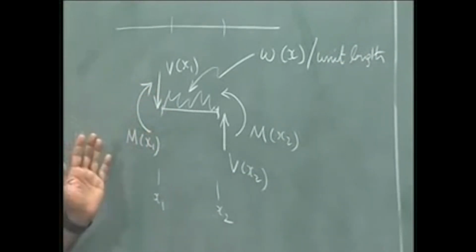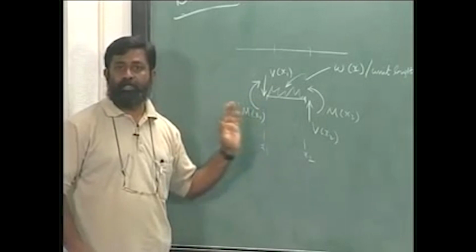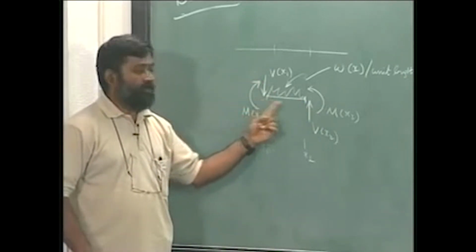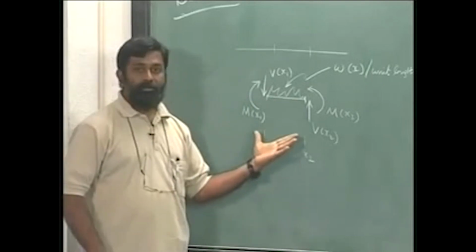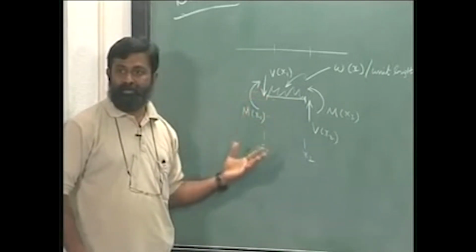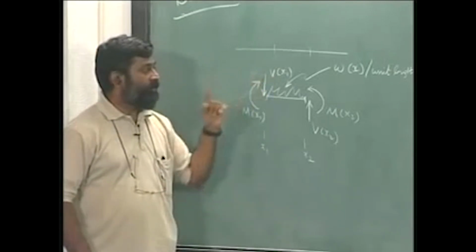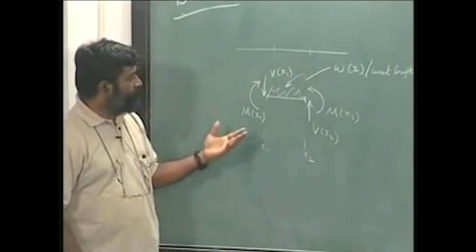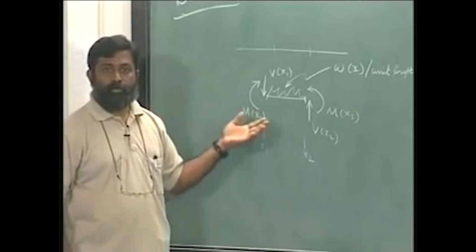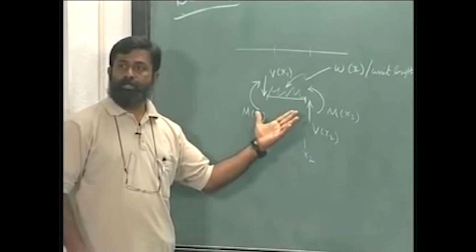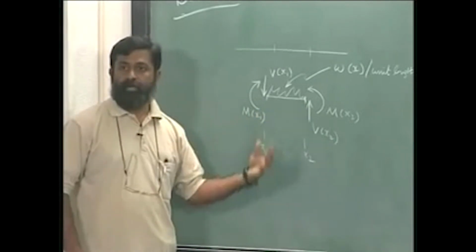For now, let us assume that we have no concentrated or distributed moments directly acting on this beam. We need to find a relationship between all these quantities that we have, M and V and W. How do we go about connecting these? We can use equations of equilibrium here in order to make a connection.